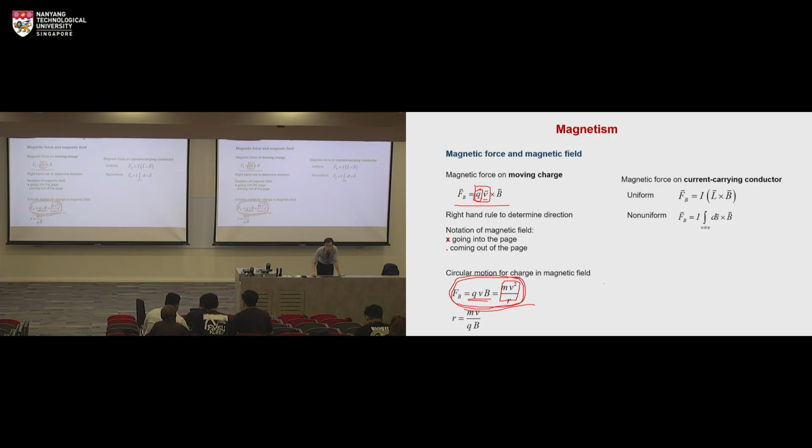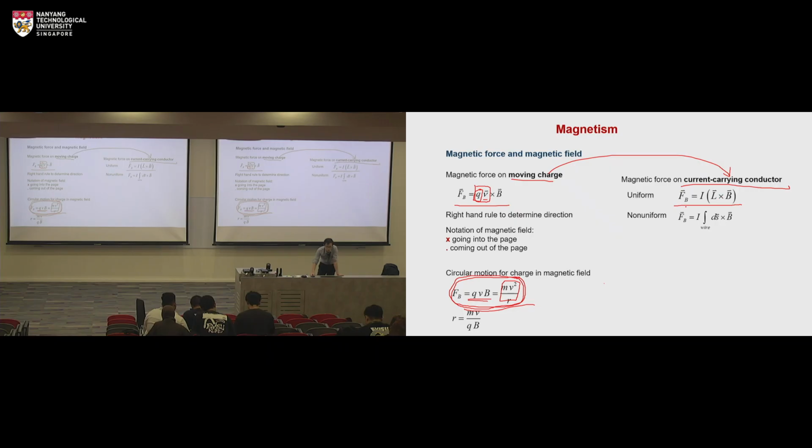And from one charge, here we also make this extension from one charge to an infinite number of charges. That is, from one moving charge to this current carrying conductor. Basically, here you have an infinite number of moving charges. And we can derive the magnetic force with this formula, ILB.